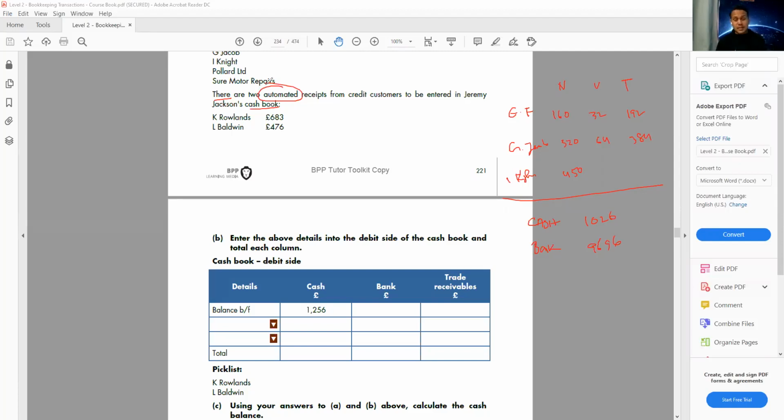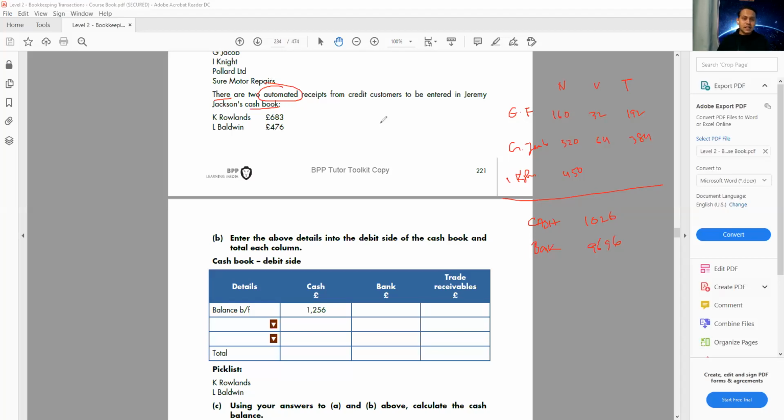The money is transferred from the bank, so we receive it in our bank account. If you receive something in cash, this is not automated, because cash is received physically. One person gives it to another person. It's a physical transaction. But when the question says automated or automatic, that means the money comes to your account automatically, transferred to your bank account.